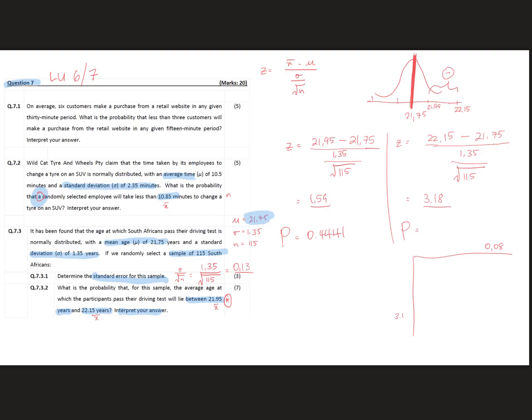And then in line with the 3.1 and the 0.08, your respective value in the table is then 0.49926. So I'm just going to remove that. So remember, come down the first column for the first two digits and then go across for the last one. So this is 0.49926.